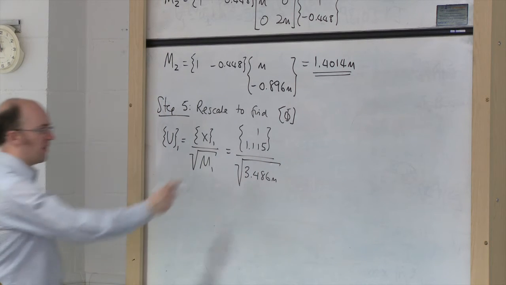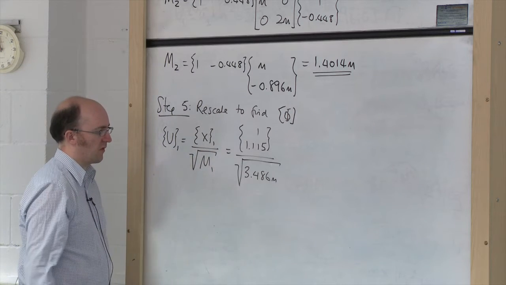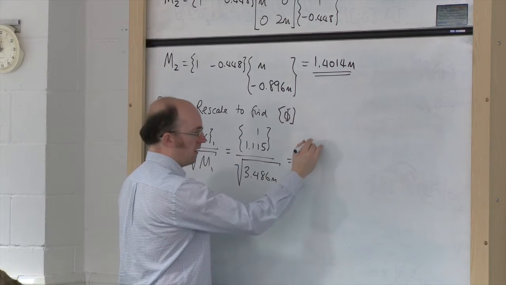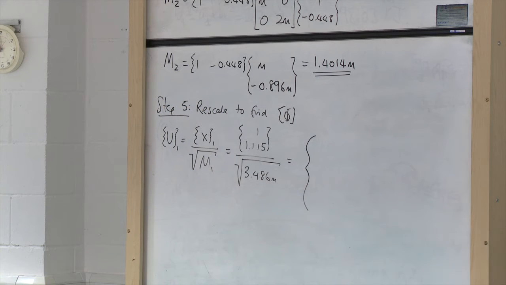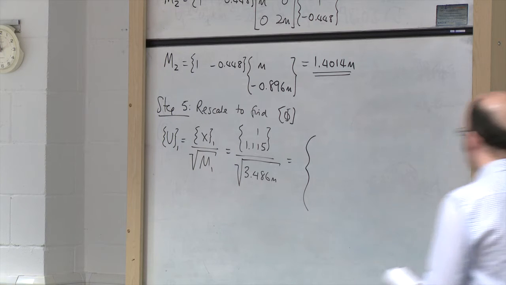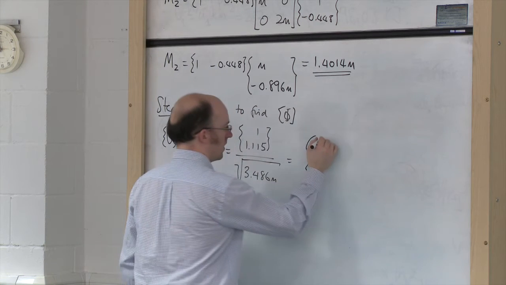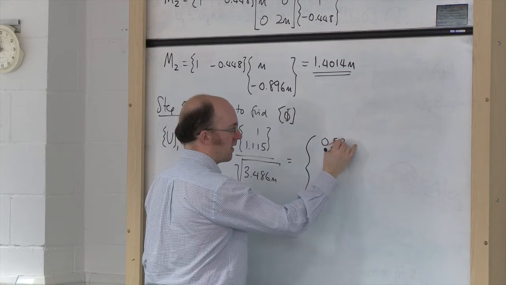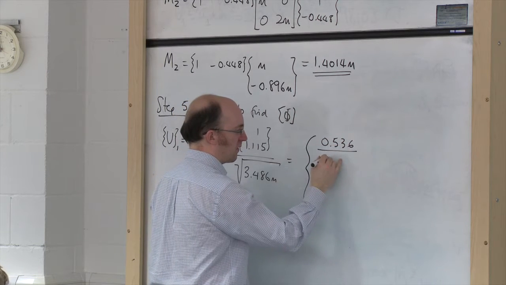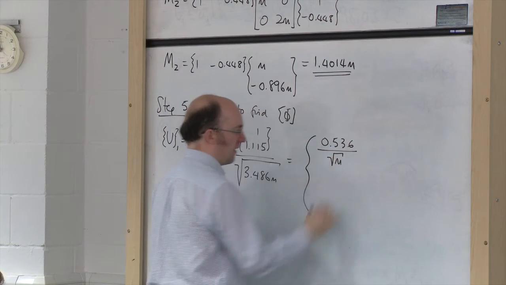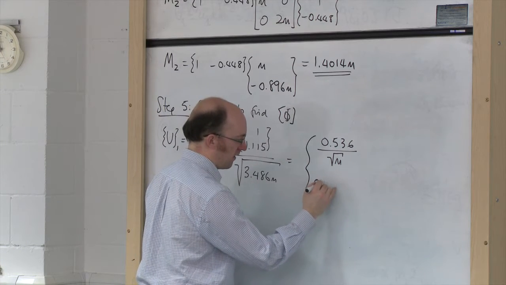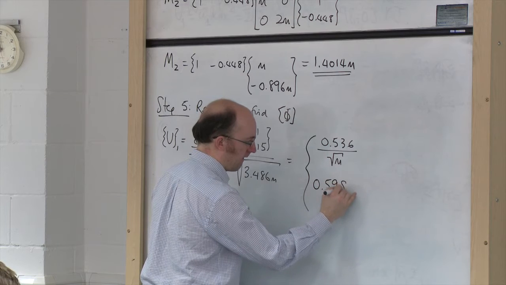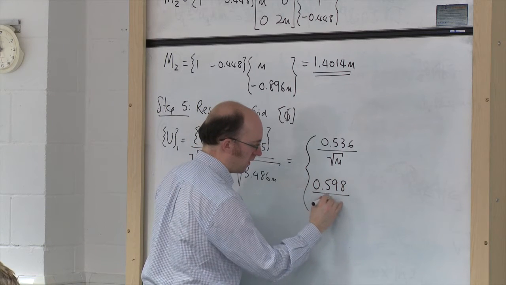Okay, so you take each of these terms and you divide them by 3.4867. So you get, it's going to be quite clearly 0.536 divided by the square root of m, because obviously we don't know what it is, and 0.598 divided by the square root of m.